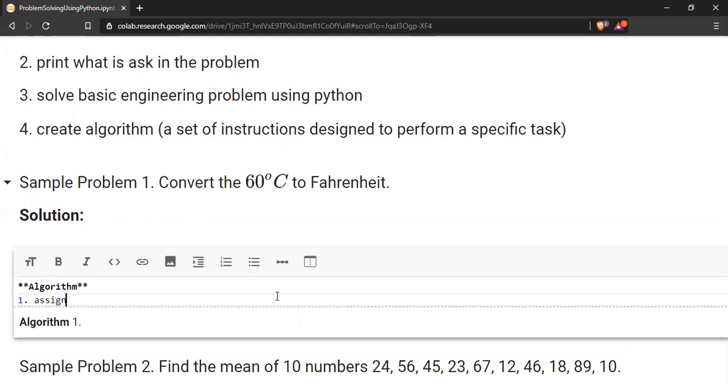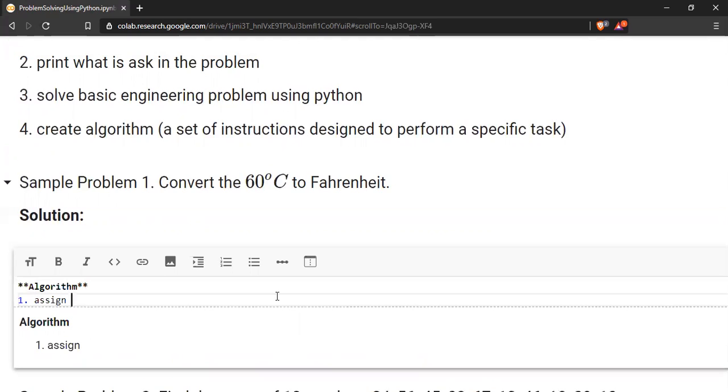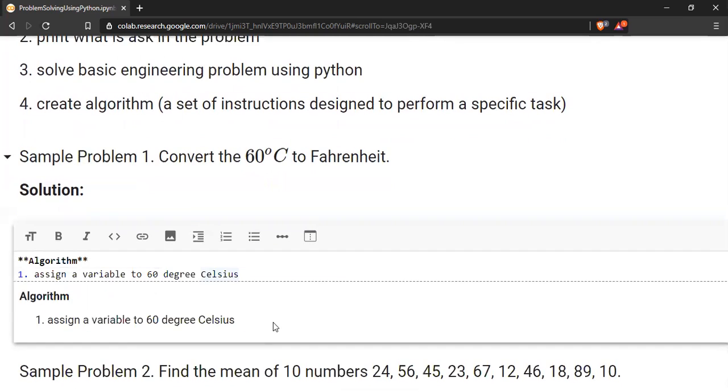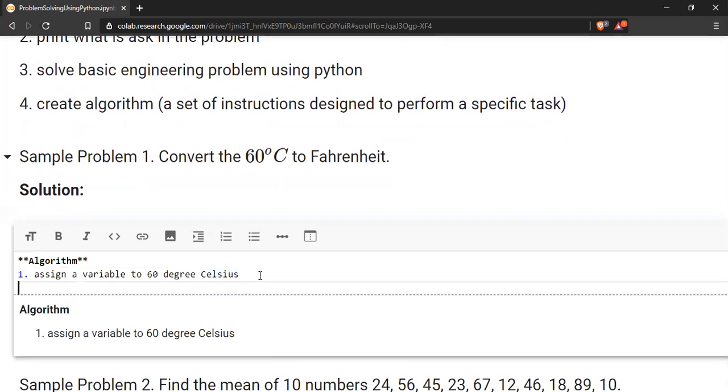Let's say I will assign a variable to 60 degrees Celsius. So we will assign a variable for this. Now, after assigning the variable, what are we going to do next?